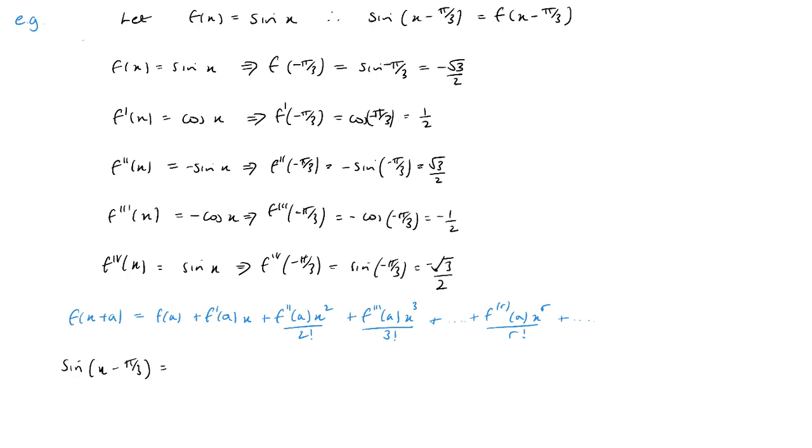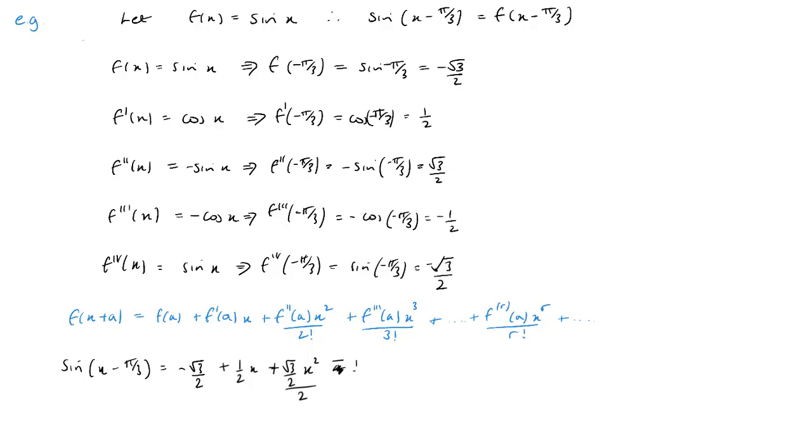And then I'm going to substitute each of these values in. So f of a is going to be minus root 3 over 2 plus a half x plus root 3 over 2 x squared over 2 factorial plus, now the third one is, oh sorry, it's going to be minus now.